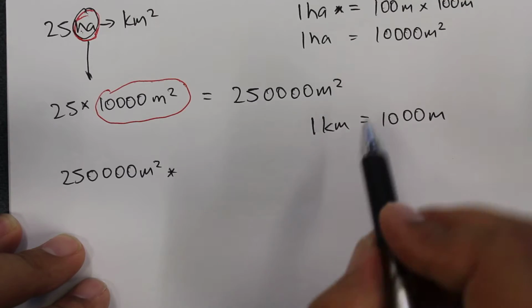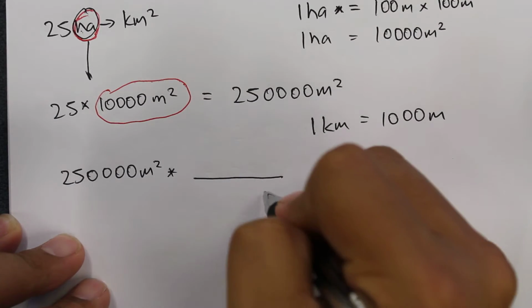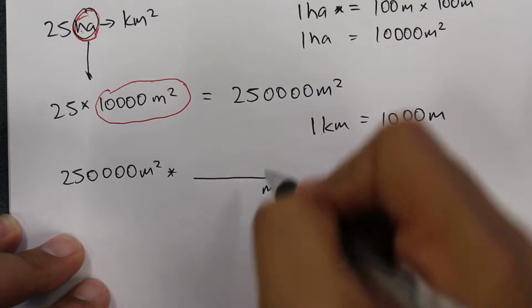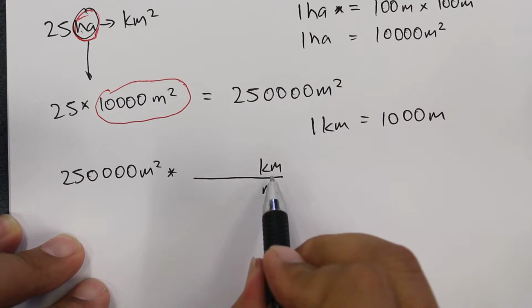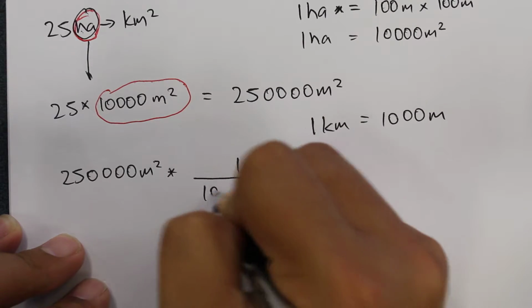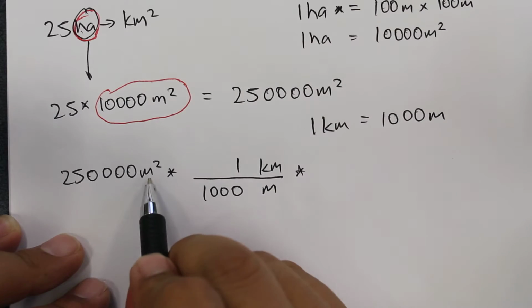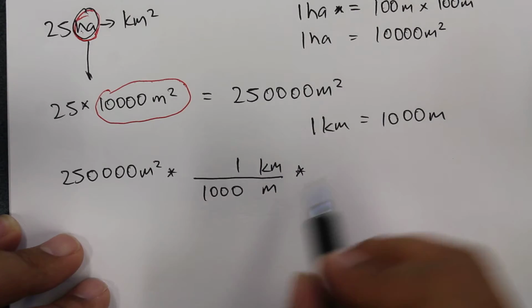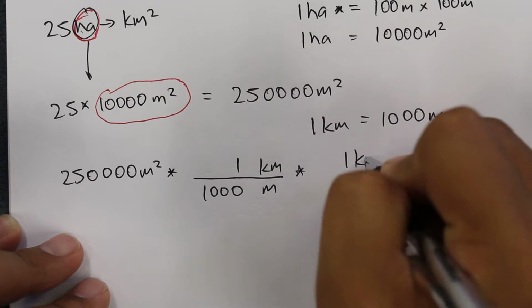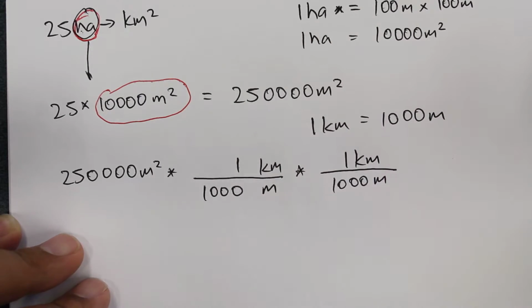We'll multiply by 1 on the base. We want to cancel the meter unit and replace it with the kilometer unit. We know that there is 1 kilometer for every 1,000 meters, and because the meter unit is squared, we've got an area, and we need to do this twice. So 1 kilometer divided by 1,000 meters.